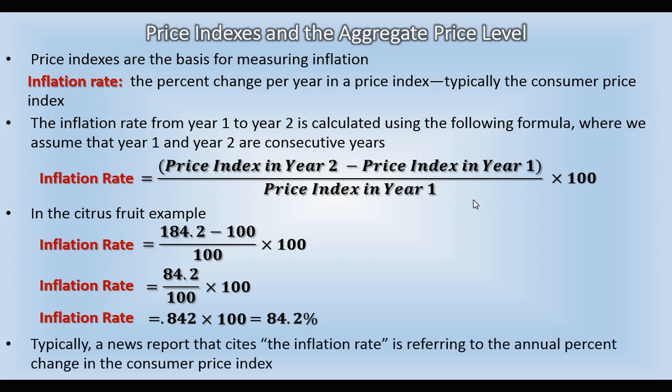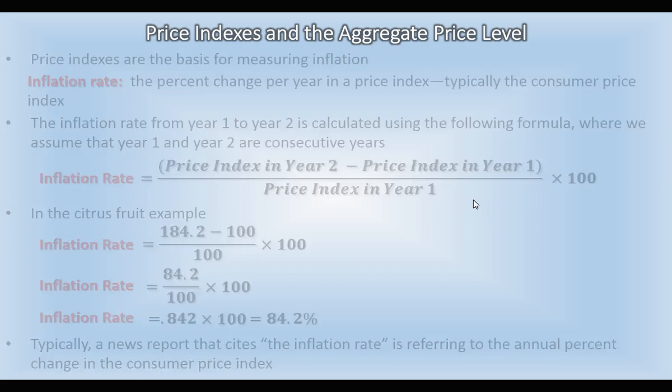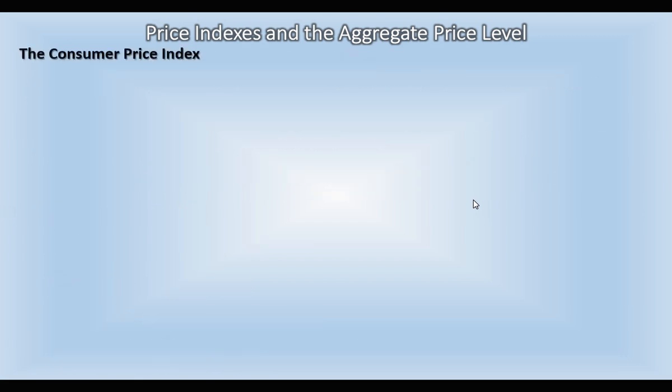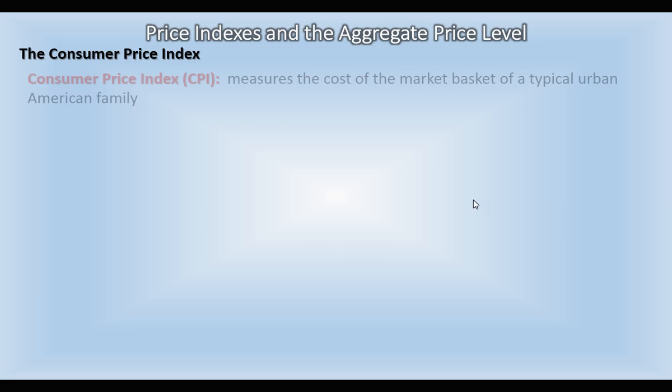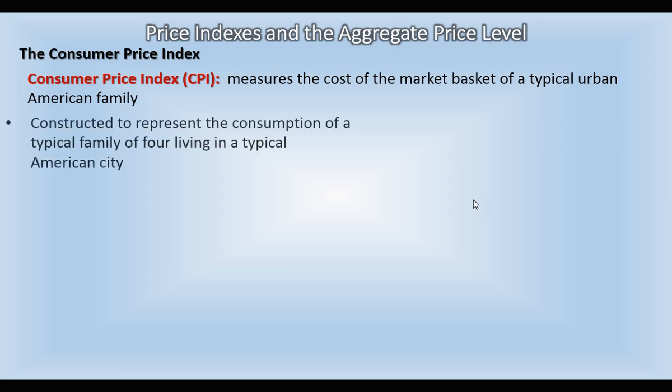Typically, a news report that cites the inflation rate is referring to the annual percent change in the consumer price index. Let's talk about this consumer price index. The consumer price index, also known as the CPI, measures the cost of the market basket of a typical urban American family.